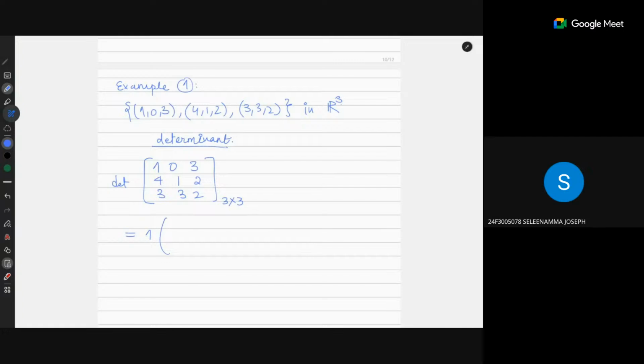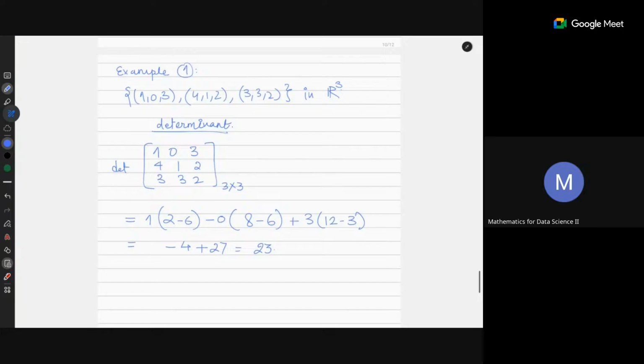It is 23. Does everyone get the same answer? Yes, sir. So they are not dependent, they are independent.